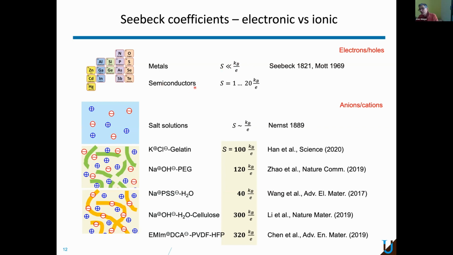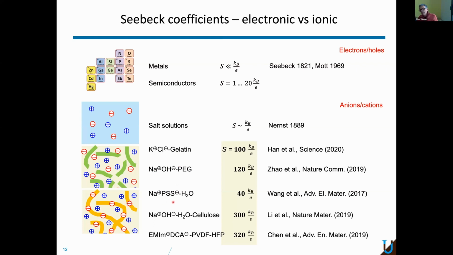In semiconductors, you get bigger values due to some band engineering and doping. And the largest value here, 20 kB over e, has been observed for organic semiconductors, so for these conducting polymers. Salt solutions, as I have shown you a little bit, are also of the order of kB over e. And now, in the last 8 years, a lot of people observed very, very much higher values for various systems, very simple and cheap systems, as here this potassium chloride dissolved in gelatin, or here sodium hydroxide put in this ordinary polymer PEG, polyethylene glycol.